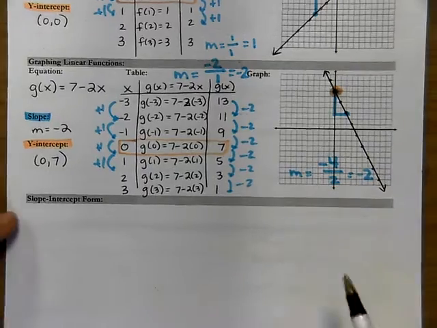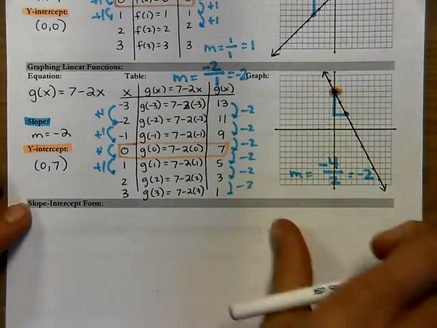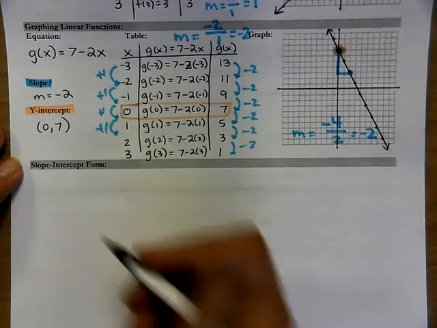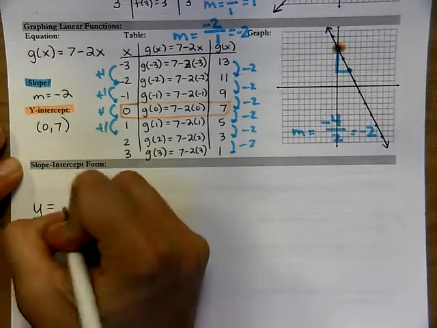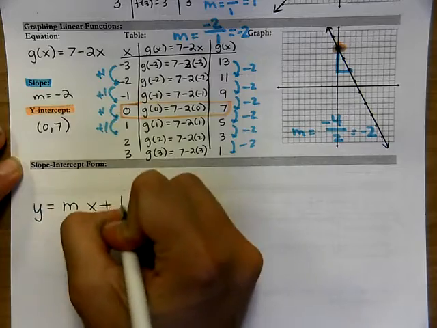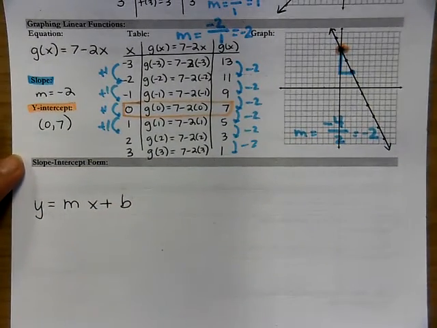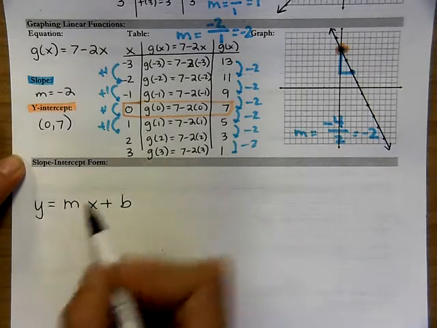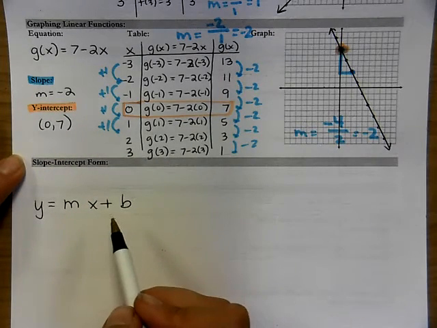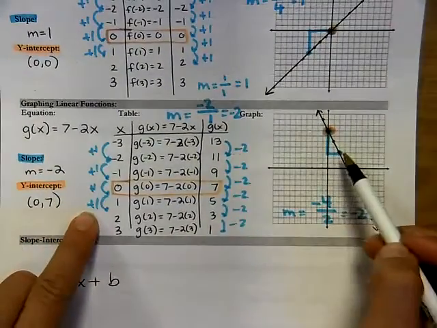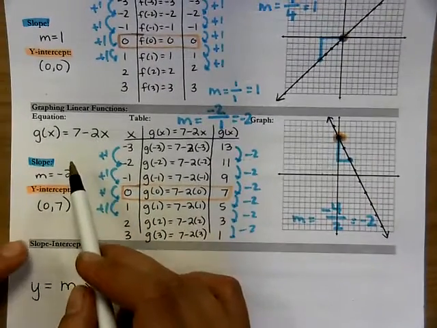This leads us then to slope-intercept form of a function. You guys have studied slope-intercept form before. We got y equals mx plus b. This is the first of 3 forms of linear equations that we're going to study. Here, we need to figure out what are m and b. So I want to look at this and say, well, where did we see the slope? We see the slope in the table and the graph, but where do we see that in the equation?